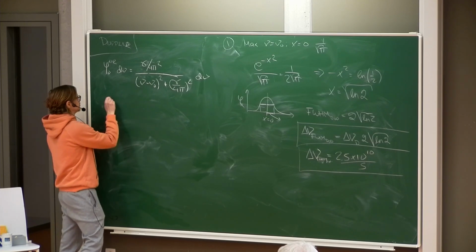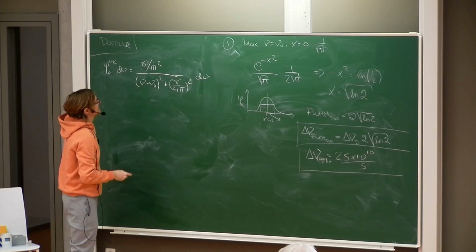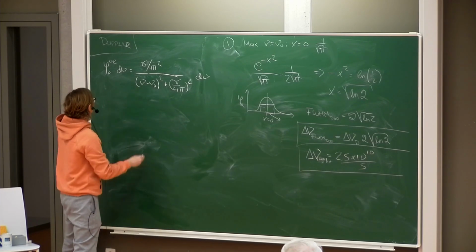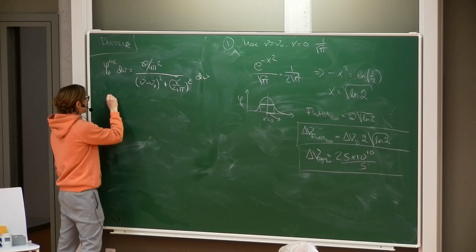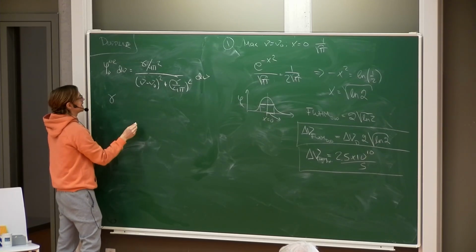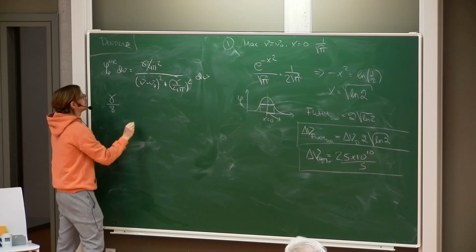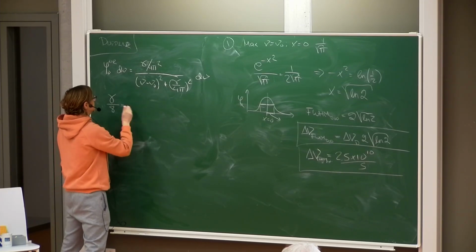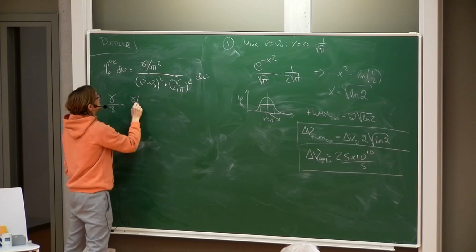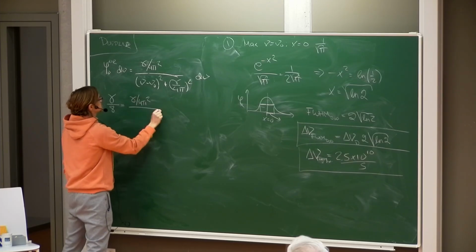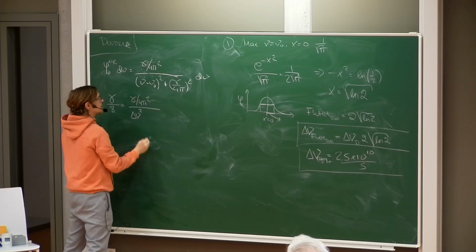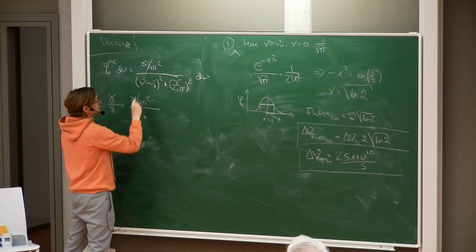So the max value is going to be gamma divided by 4. So half of that is going to be gamma divided by 8. And that half, then, we're interested in where that occurs.